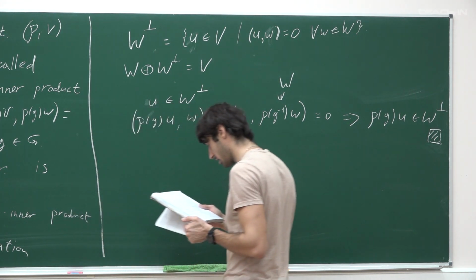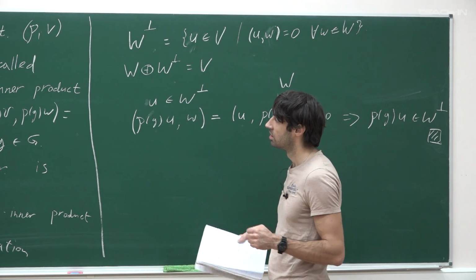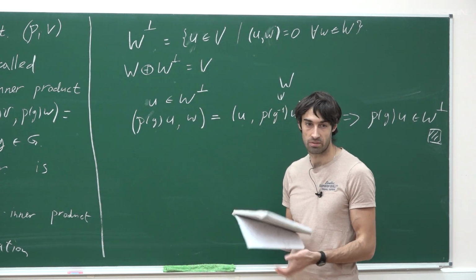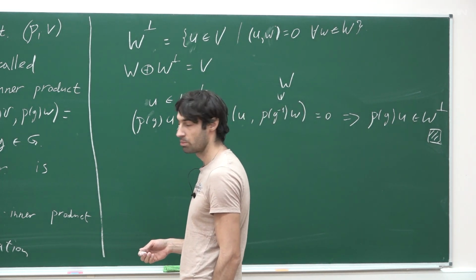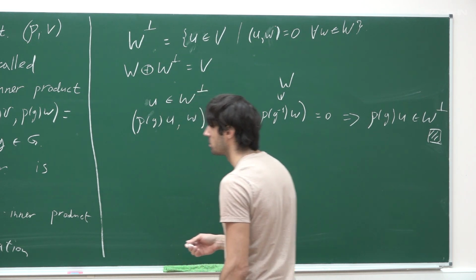And now we would like to focus on compact Lie groups G, and say that every representation of a compact Lie group is actually unitary. So there is a form which is invariant.